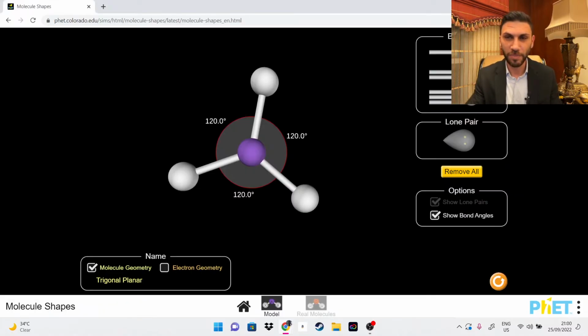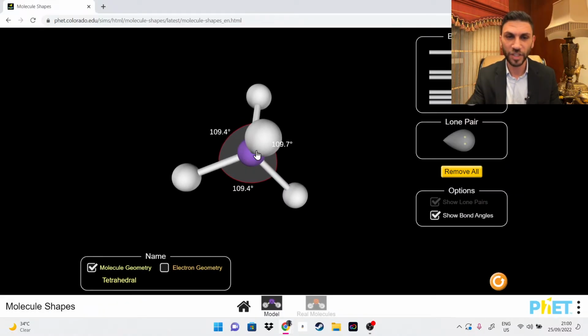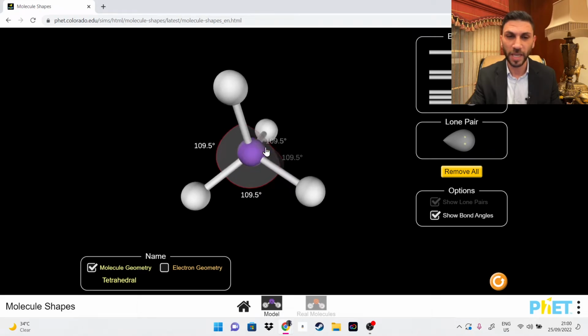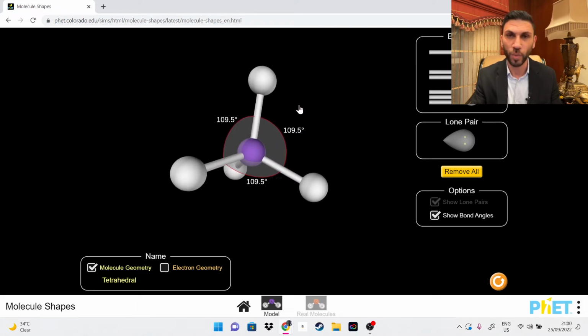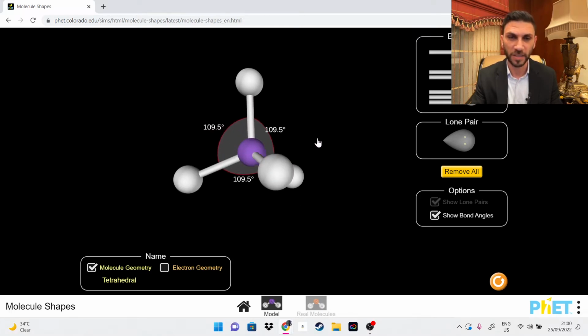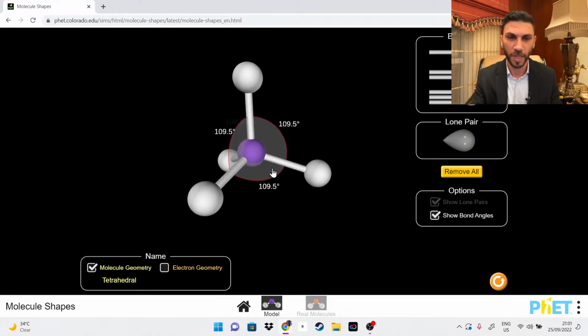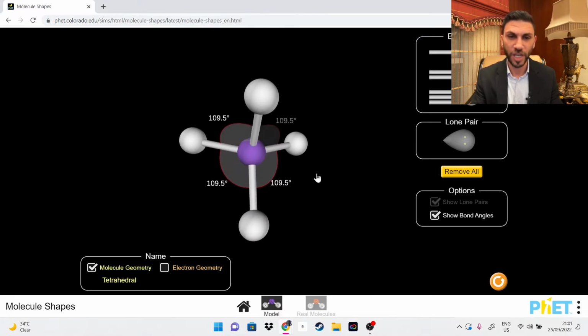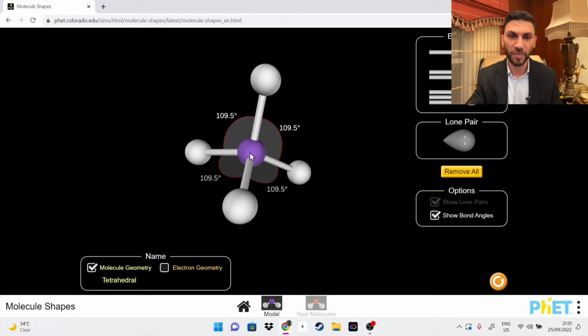Let's check the shape. This is the shape of the tetrahedral, and the angles between the shared pairs are 109.5. We need to memorize these angles. A lot of questions come in the exam about the angles. So as you can see here, the shape is tetrahedral. We have A and B4. The hybridization should be sp3.